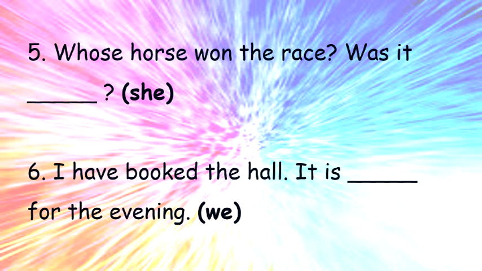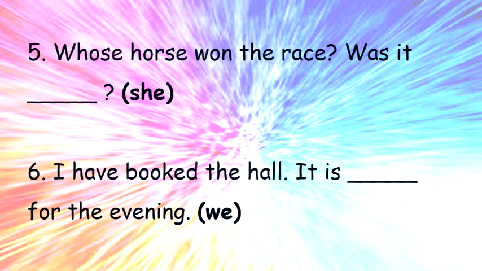Number 6. I have booked the hall. It is dash for the evening. The personal pronoun is we, which is first person personal pronoun. Now students, I hope you remember the first person, second person, third person possessive pronouns as well.